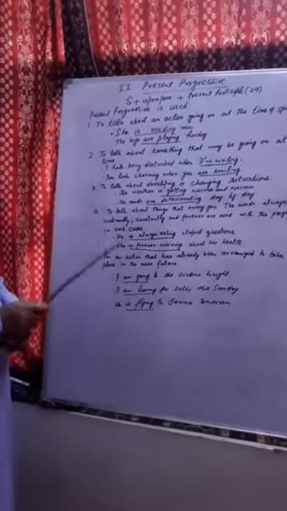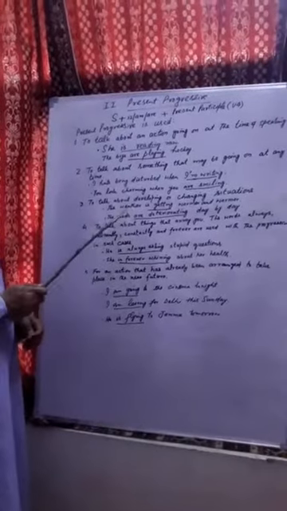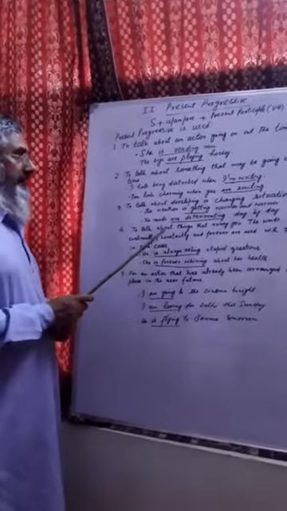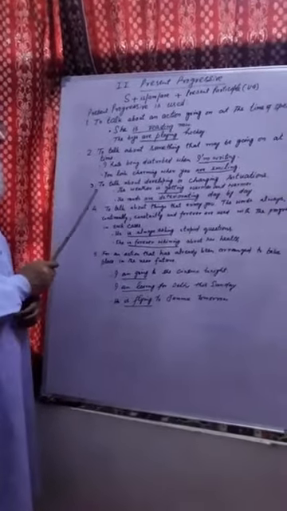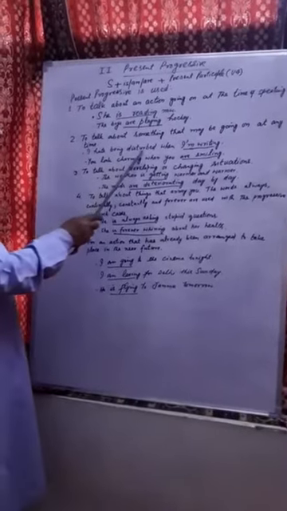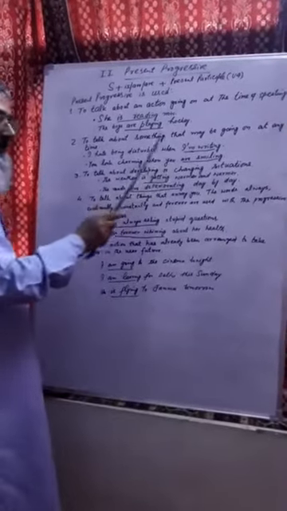Number two, when something is going on or continuing at any time, we use present progressive to denote that thing. For example, I hate being disturbed when I am writing. It does not mean that I am writing this time.